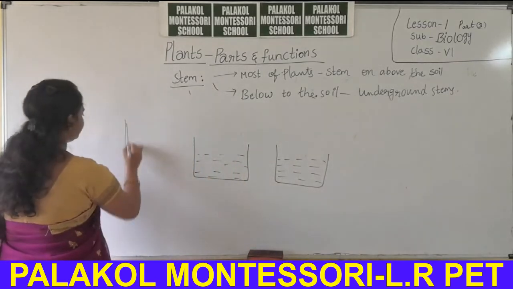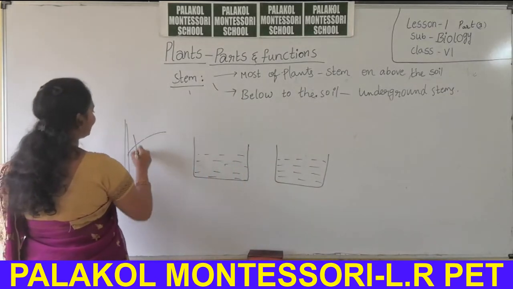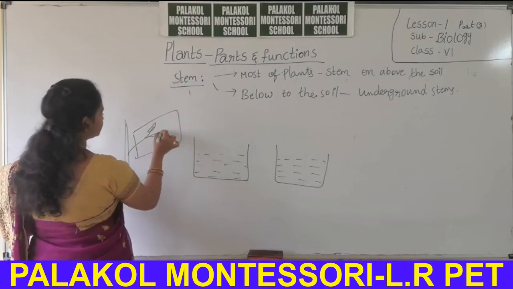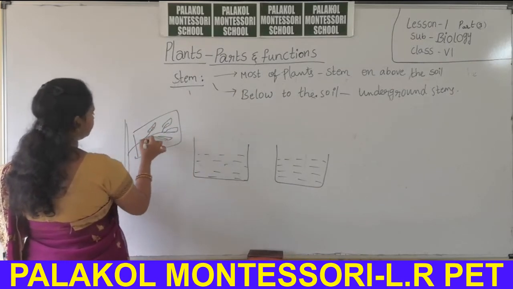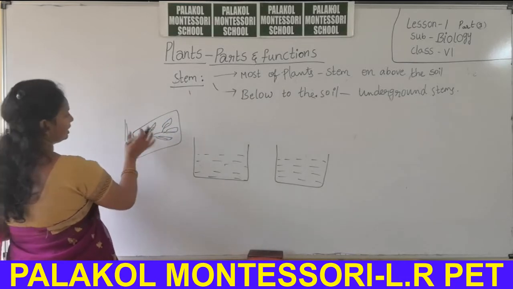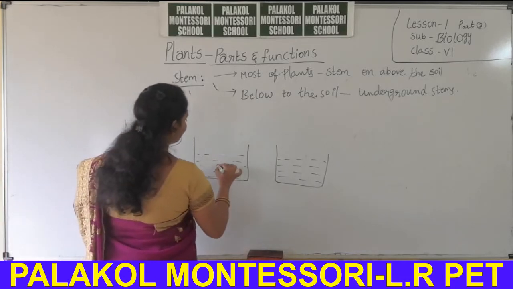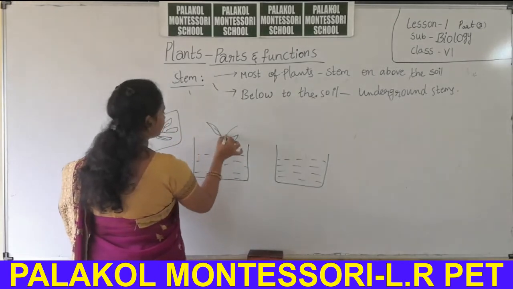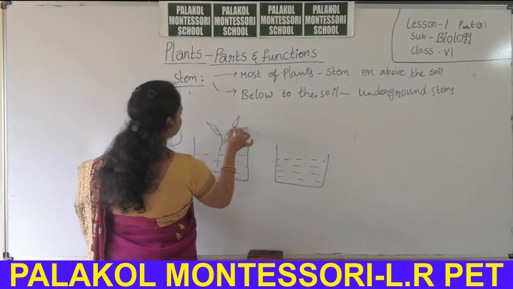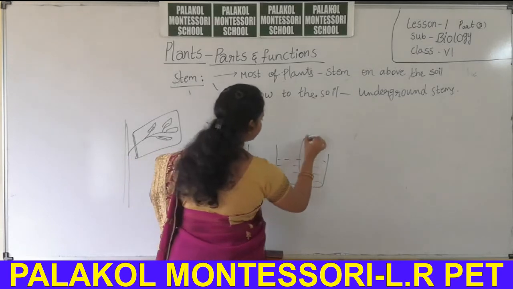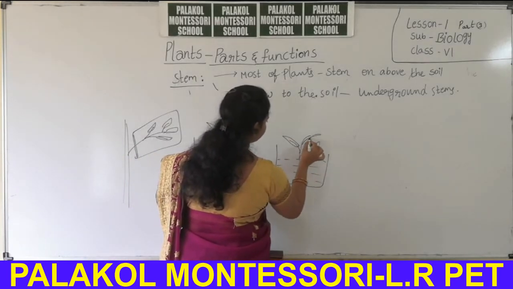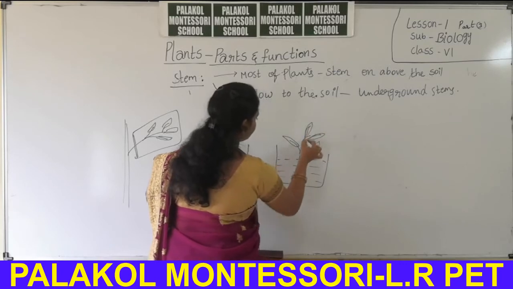This is a plant. You have to cut a twig, a branch of the stem, and place it in a water beaker. This is the water beaker.